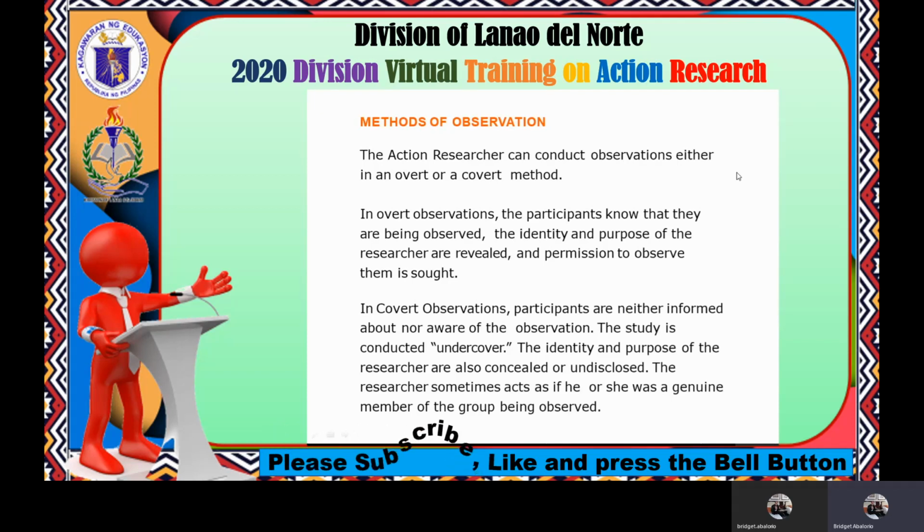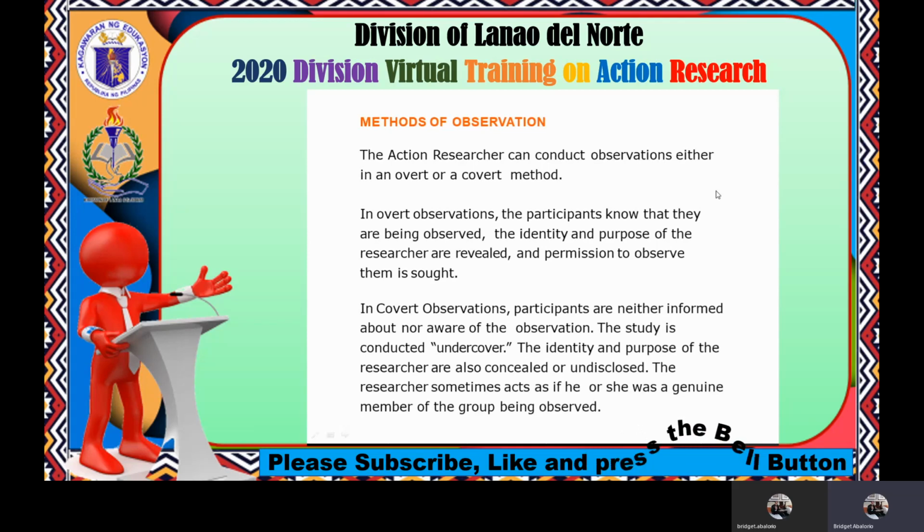The researcher sometimes acts as if he or she was a genuine member of the group being observed. Muapil siya didto sa grupo. Dili siya magpahibalo nga siya ang researcher, nga nag-observe siya. So again, overt, kabalo ang participant, identified ang researcher, and naay permission, while covert observation is secret. Dili pwede i-istorya.